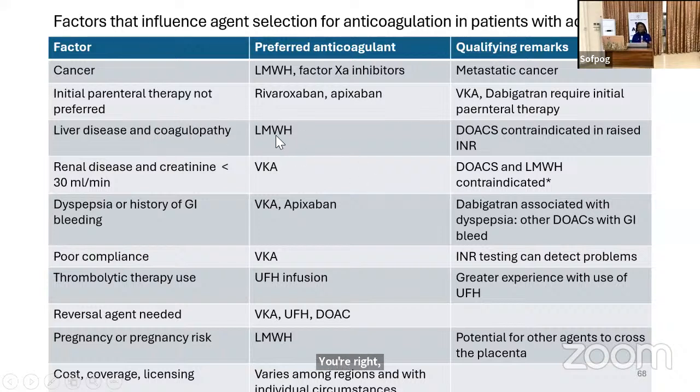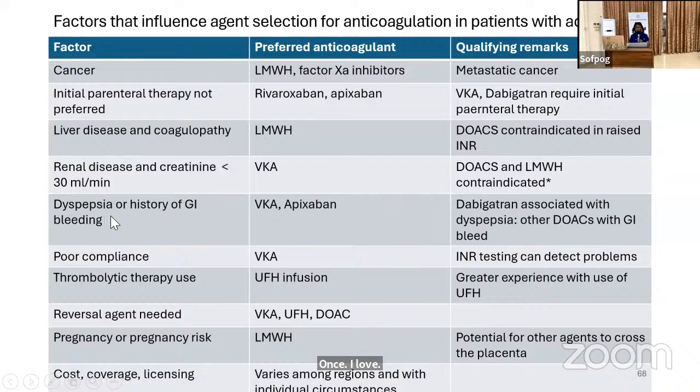If we anticipate a need for interruption, we want to use something that is easily reversed. And so with renal disease, we want to use either unfractionated heparin or something similar.